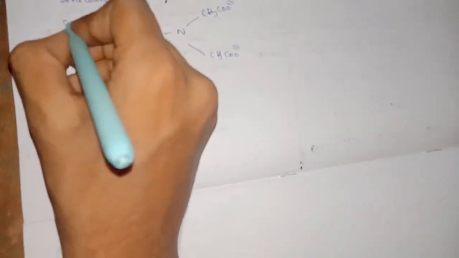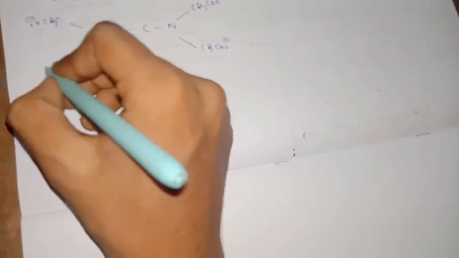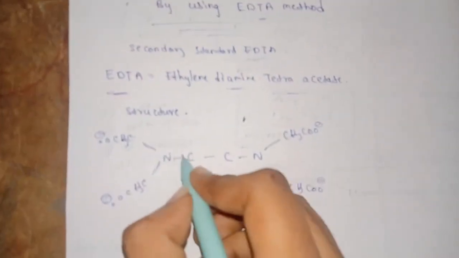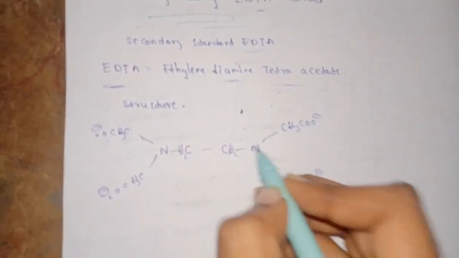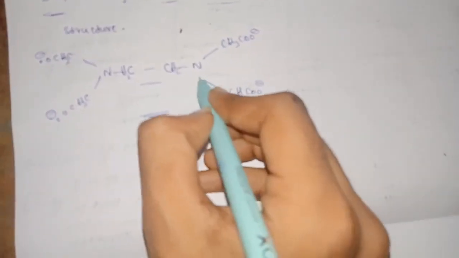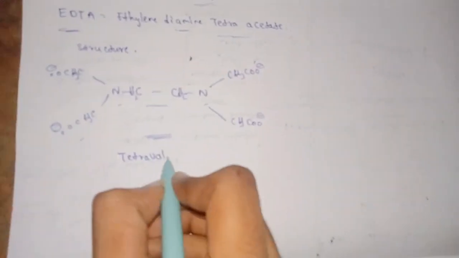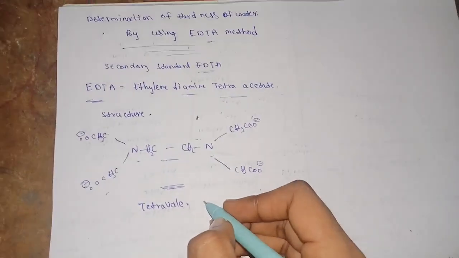Tetra means 4, so CH2COO minus, CH2COO minus. So this is the structure of ethylene diamine tetraacetate ion. It is a tetravalent compound.